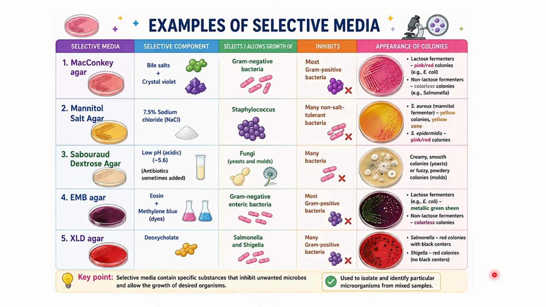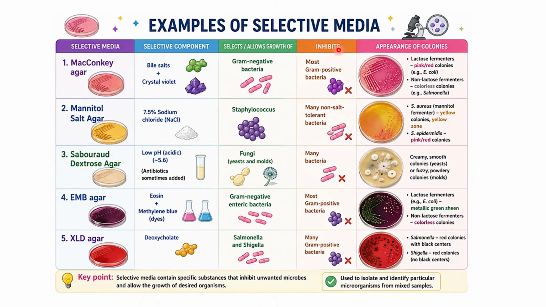Examples of selective media. Here we will examine some of the most commonly used selective media in the microbiology laboratory, and for each medium we will identify its key selective components, the microorganisms it is designed to select or allow to grow, and the microorganisms whose growth it inhibits.